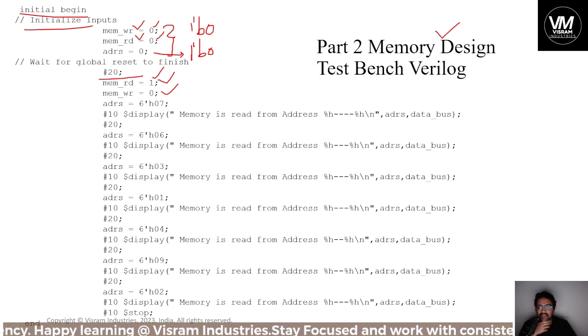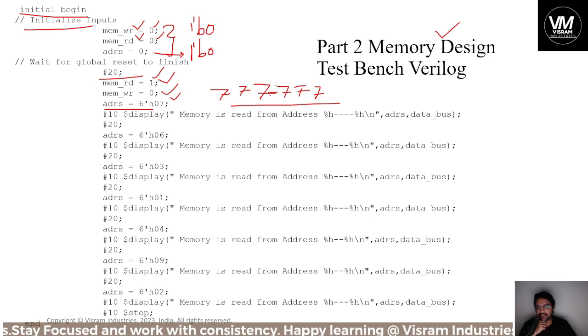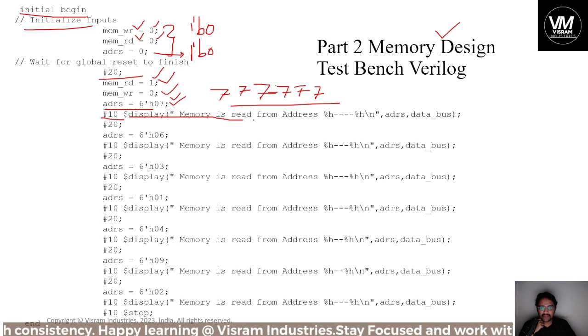What is the memory? For that address location we have given 6 bit hexadecimal 7, so it will be 777. That can be the address location. In this similar way, after 10 nanoseconds, for the address location, display the memory read from the address.